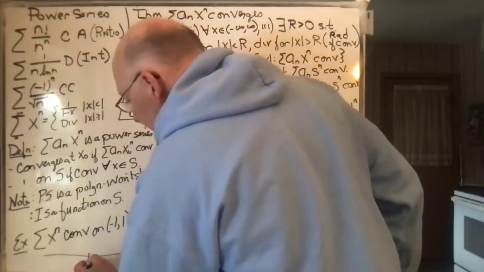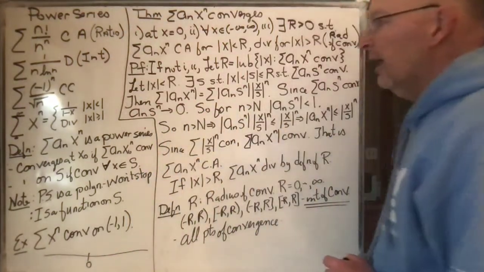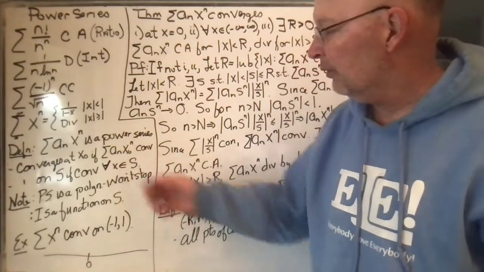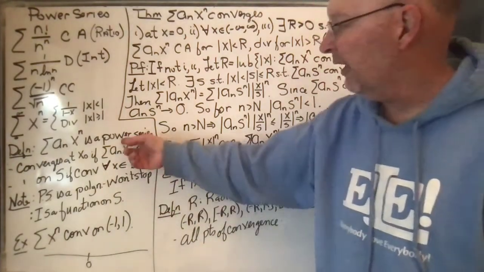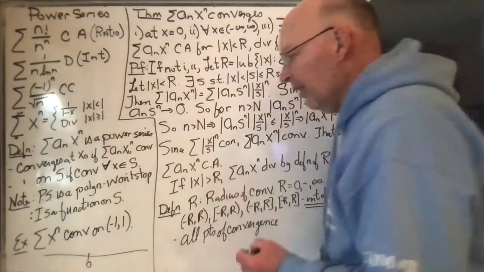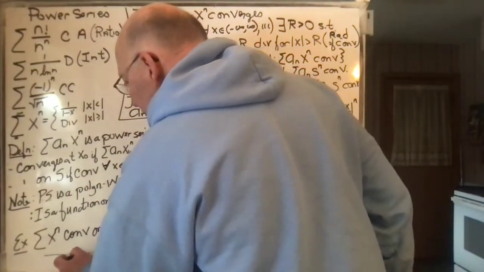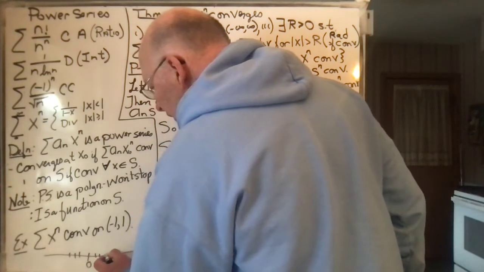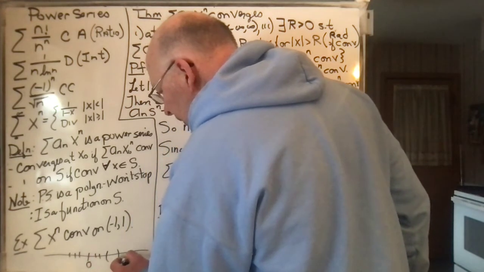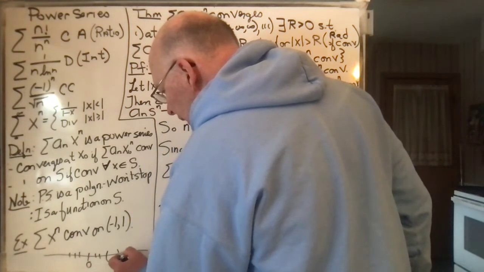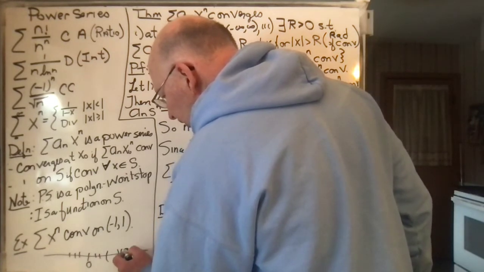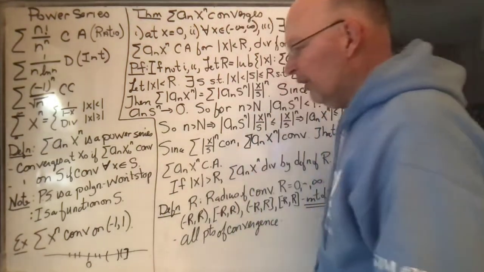Here's the interval, say from 0 to wherever, and we say this set S is all the different values for which this thing converges. So maybe S looks like this. Maybe S is a few negative numbers like this. Maybe it's a couple in here. Maybe it's an interval like this. Maybe it's another interval like this. Maybe it includes this endpoint.